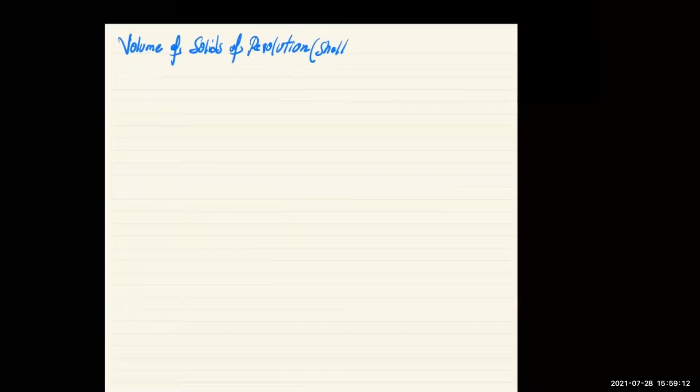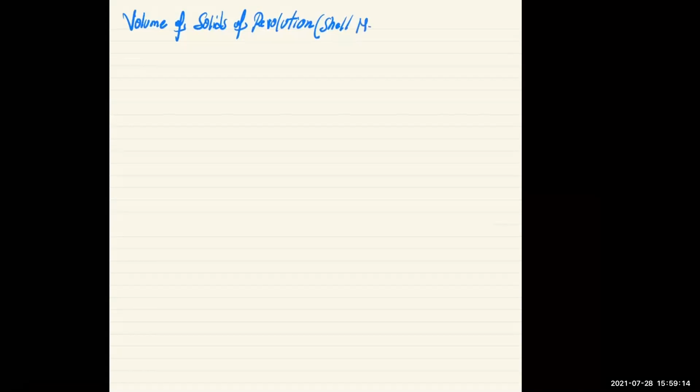Again, solids of revolution. Shell method, not washer or disk. And it's section 5.2, I think, or 5.3. Yeah, 5.3.